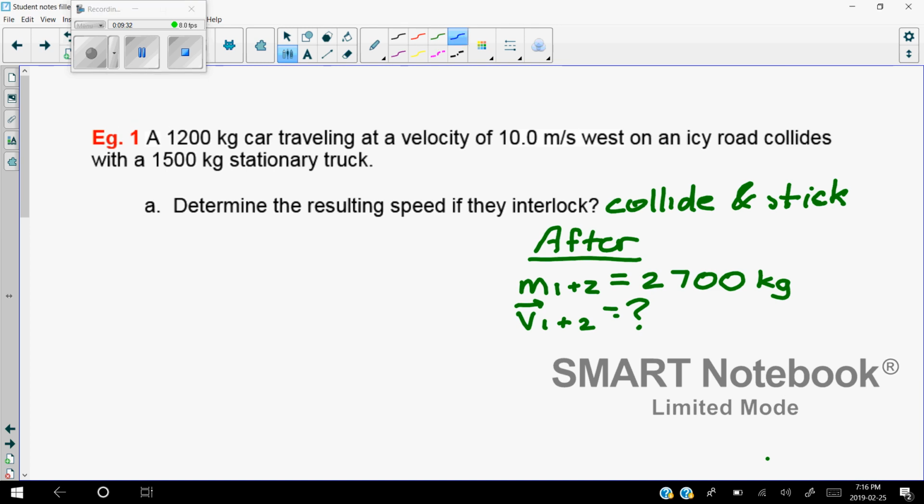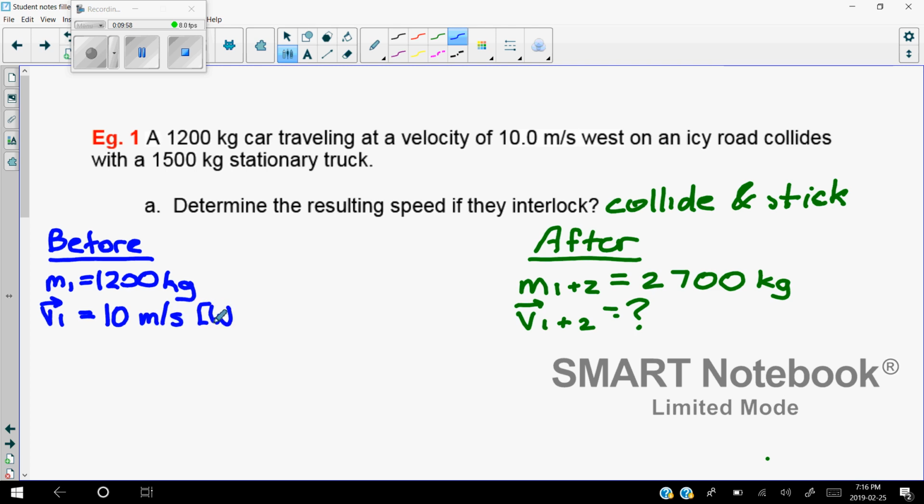Let's look at what's happening before. So let's state that M1 is the car. It's going to be 1,200 kilograms. And it is traveling at a velocity of 10 meters per second west. And then we also have a stationary truck.